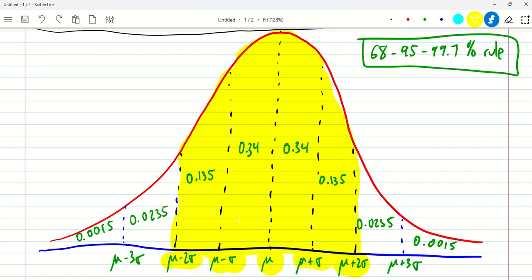And again, what that means is the probability that a random variable is within 2 standard deviations of the mean is 95%. And similarly, if we go out one more standard deviation, to 3 standard deviations from the mean, then that will be 99.7%.